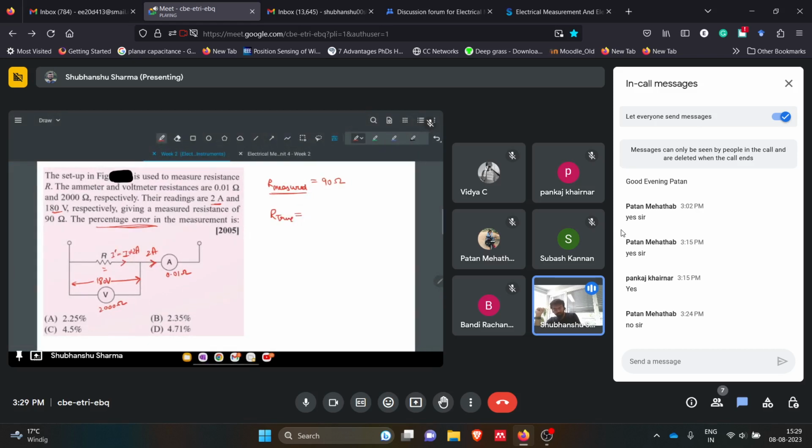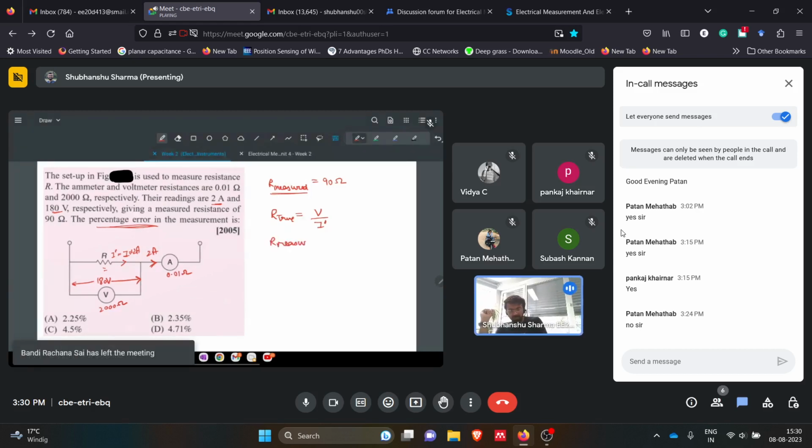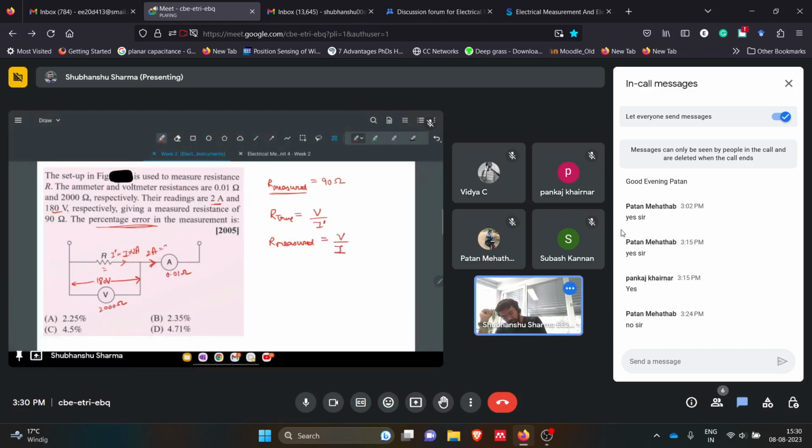The voltage across this resistance is V, that is fine, but the current is I prime. But what is being measured? The measurement done here is V and I. This I is the current recorded by the ammeter. So this is V by I.